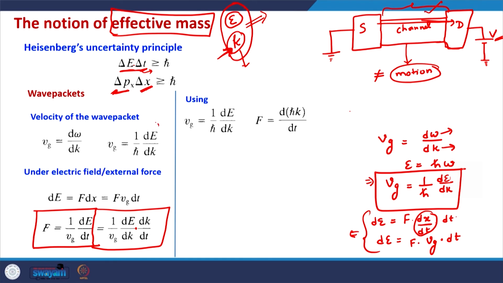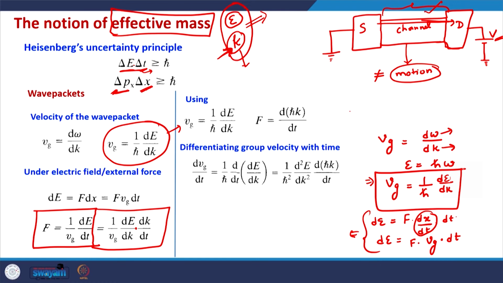So, by using this expression Vg equals 1 by h bar dE by dk, and writing dE by dk from this expression, dE by dk will be f times Vg times dt by dk.